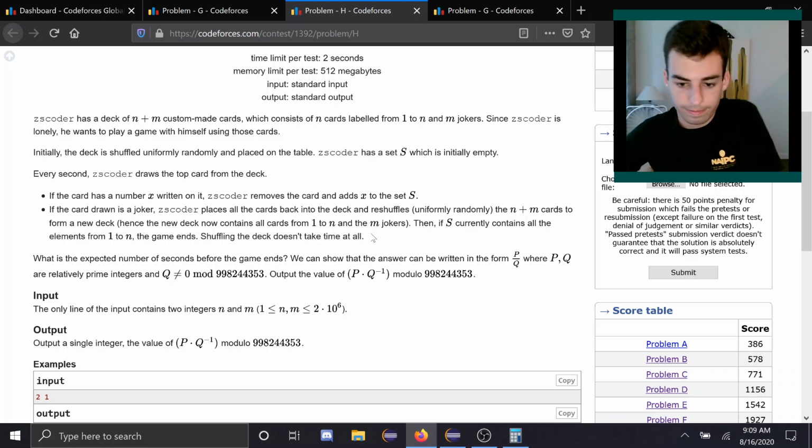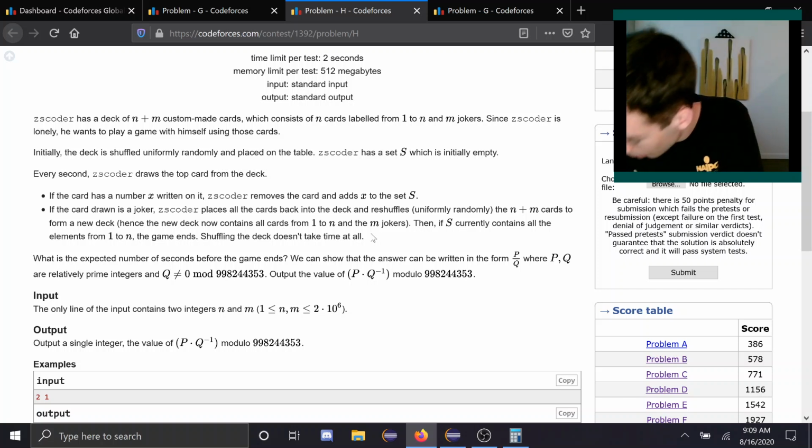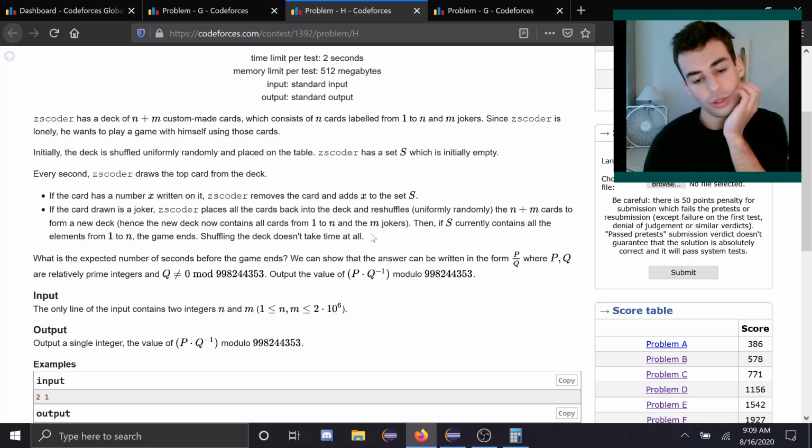Alright, so we could do a DP for the number of cards in our set, because which cards they are doesn't matter, because every card is pretty much just the same. DP at n cards. Initially, we'll just do a slow transition, but then we'll figure out how to optimize that in a bit.